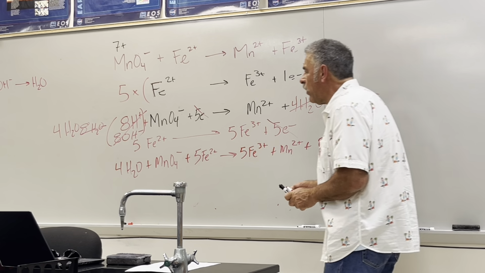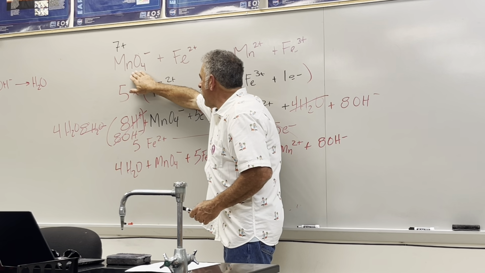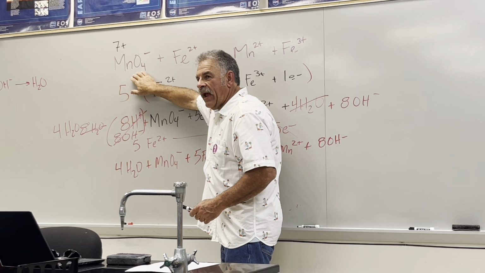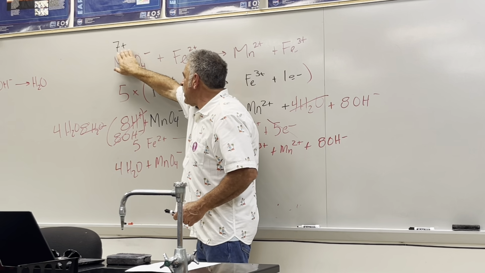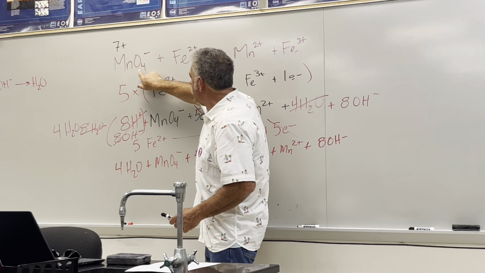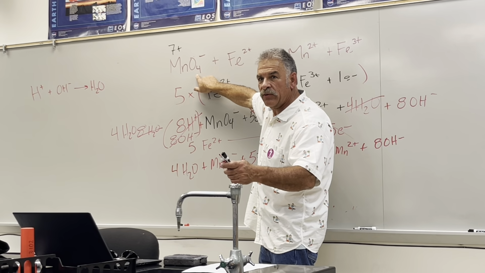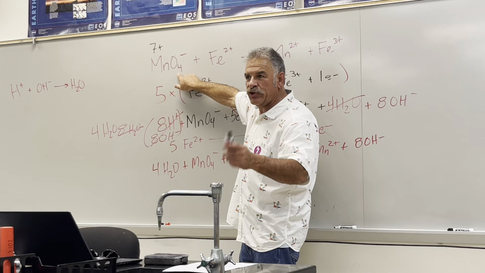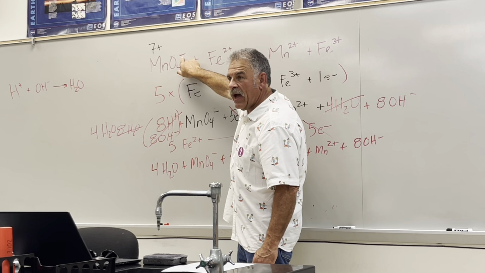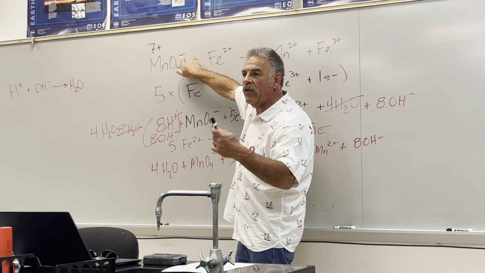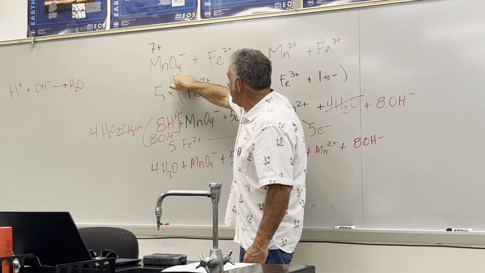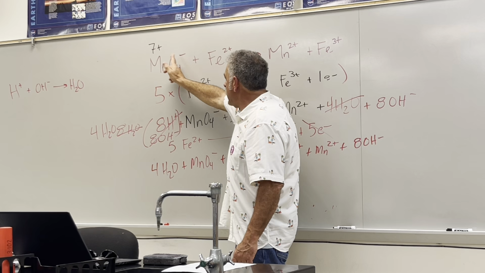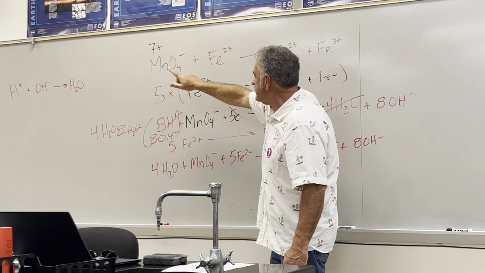Right, so let's go through it one more time. We start off with permanganate, which has manganese in it. Manganese in permanganate is a +7. We get +7 because we have 4 oxygens at -2. That gives us a -8 charge overall. However, there's a minus here, so we have to retain 1 more electron than we do proton. So what we end up with is -8, leaving the -1, is +7. So manganese is +7.